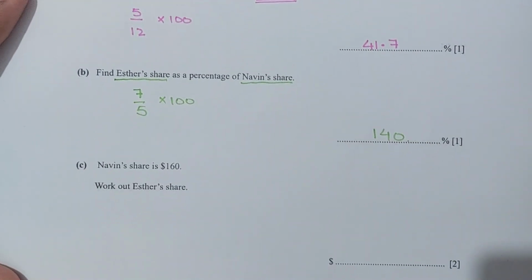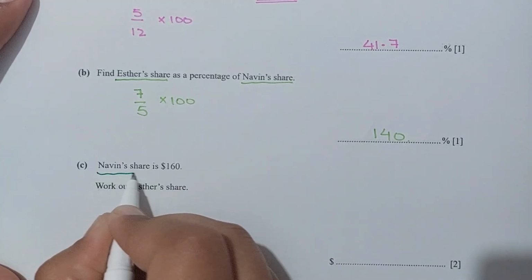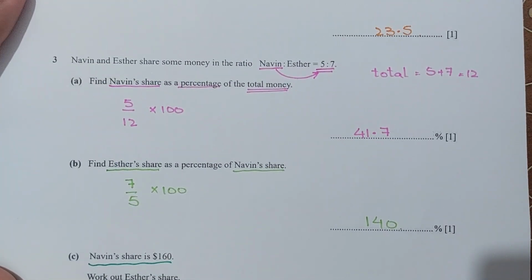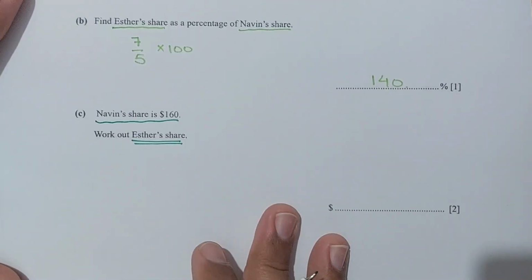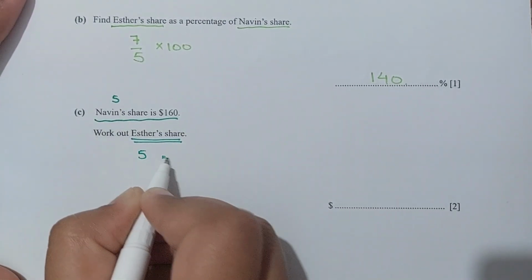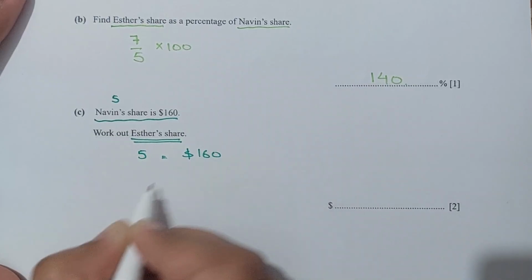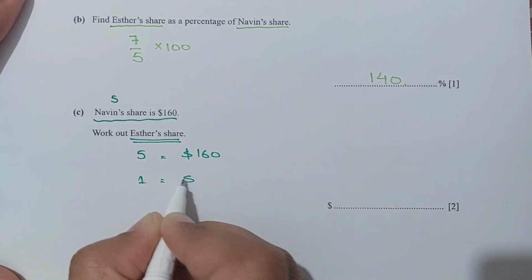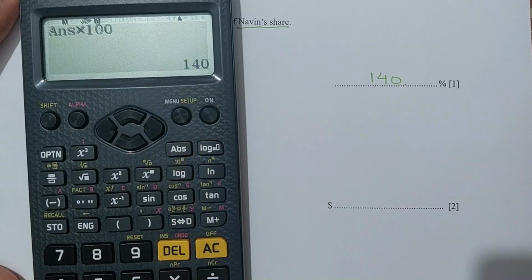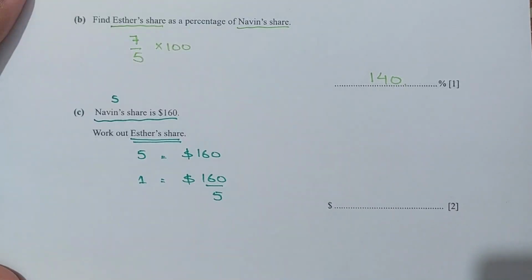Now for part C, Naveen's share is $160. Work out Ether's share. Naveen's share is in the ratio of 5. So if 5 represents $160, what does 1 represent? 1 represents 160 over 5, which is 32.